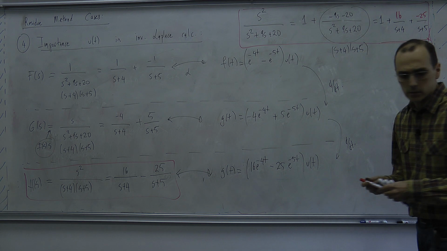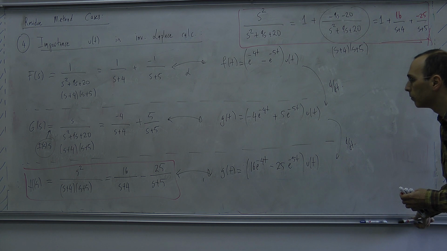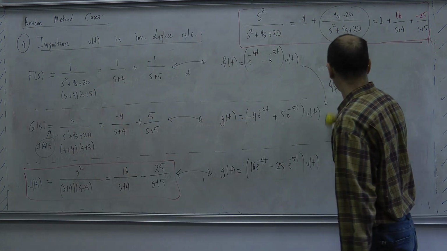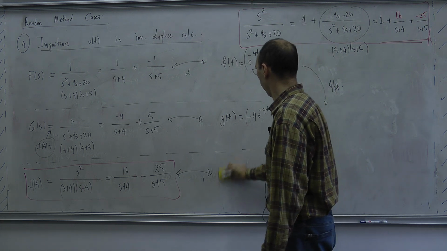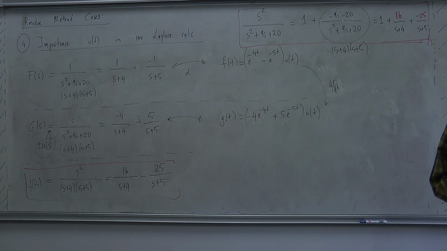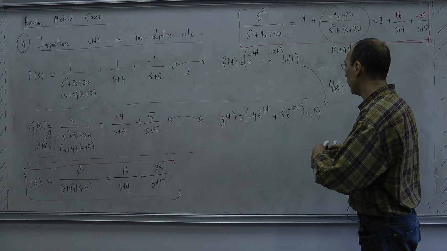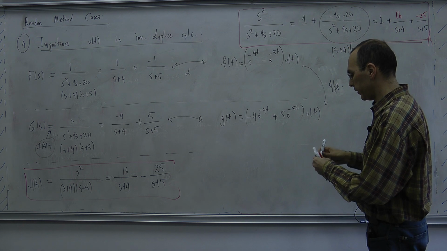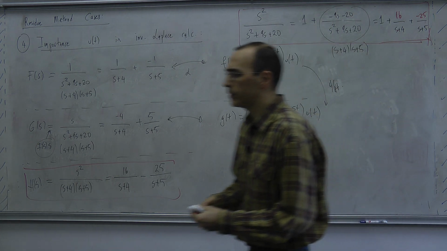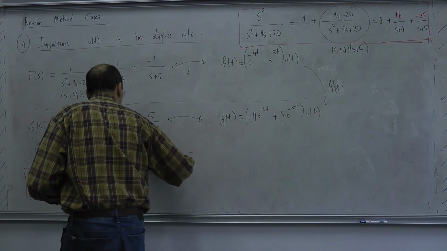So if you check this now, if you take, let's say, the derivative of this, so you see there's a mistake over here. So let's try to clarify this. I'm also erasing this.